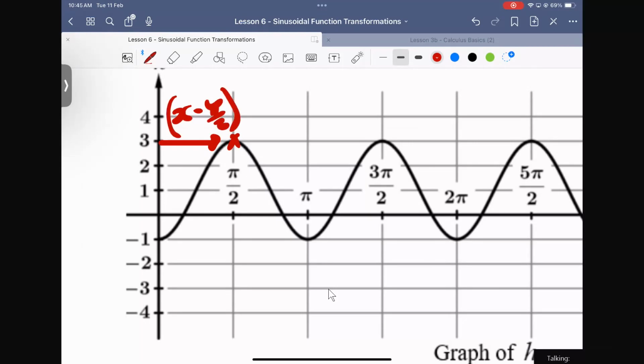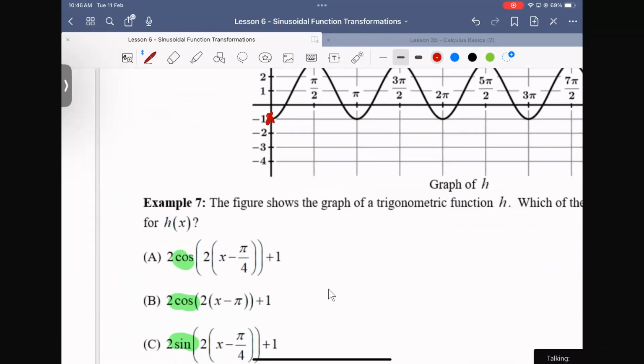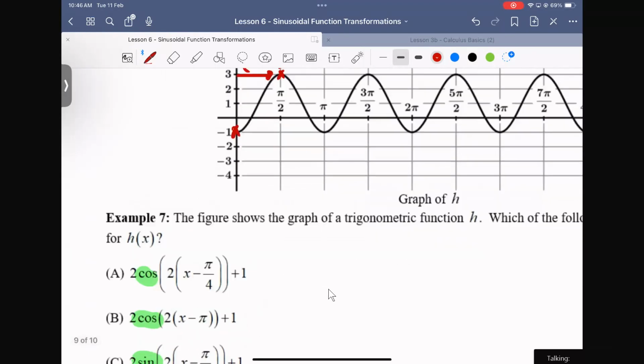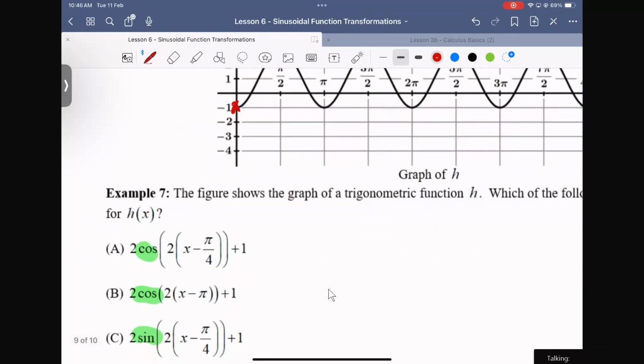If it's a cosine function with a reflection, then we would have a negative value at the front and simply no phase shift. So with the 2 cosine functions, we do not have minus pi over 2, and we don't have a reflection, so it can't be these 2.